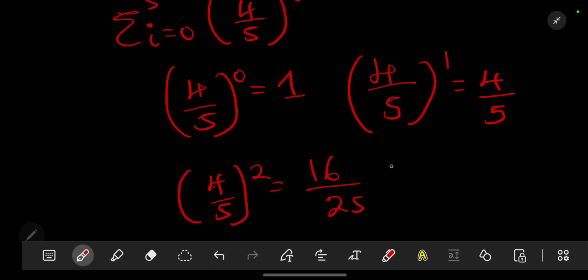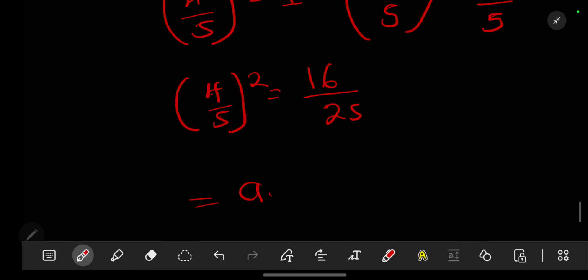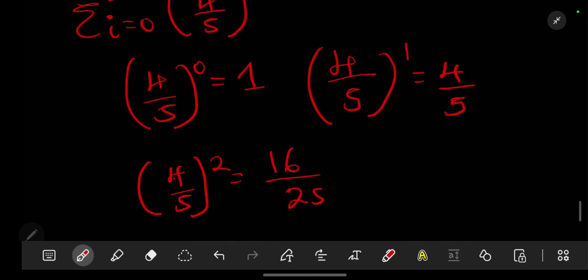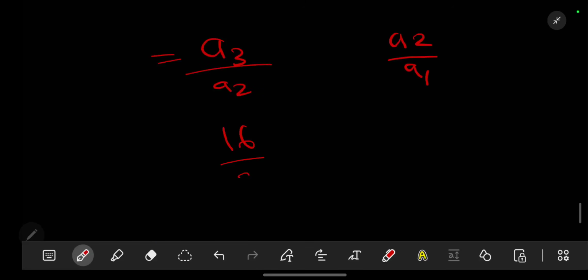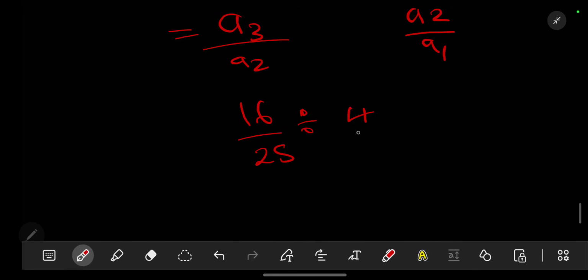So this is probably a GP, because the ratio is equal to term number 3 over term number 2, or term number 2 over term number 1. Using term number 3, we have 16 over 25 divided by our A2, which is 4 over 5, which is 16 over 25 times 5 over 4.